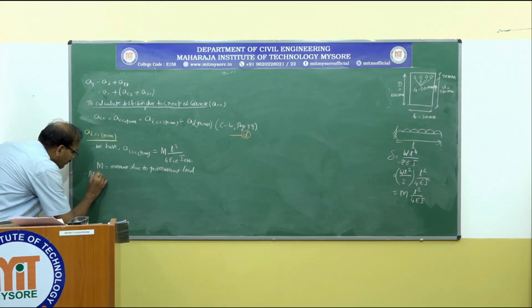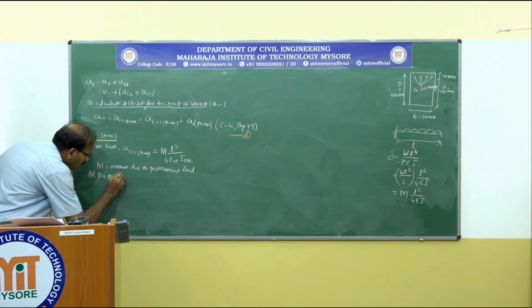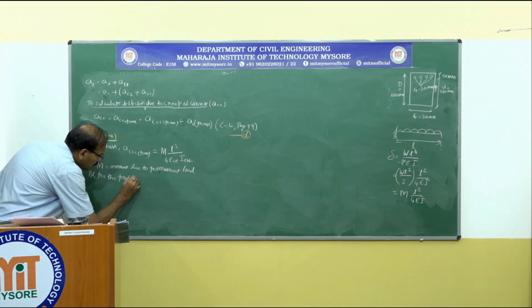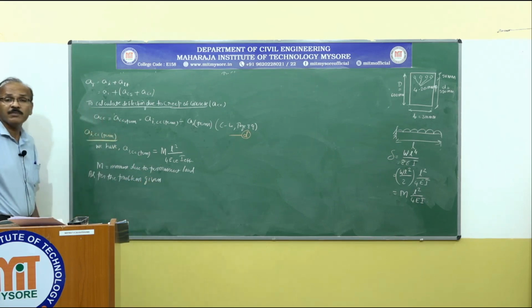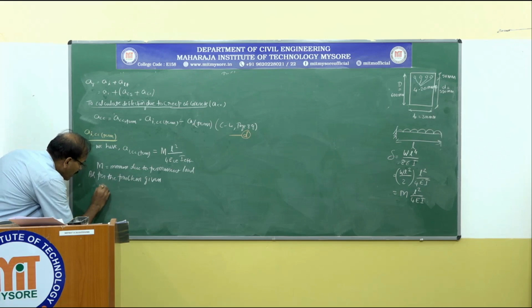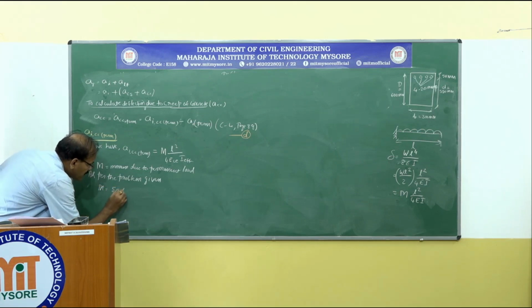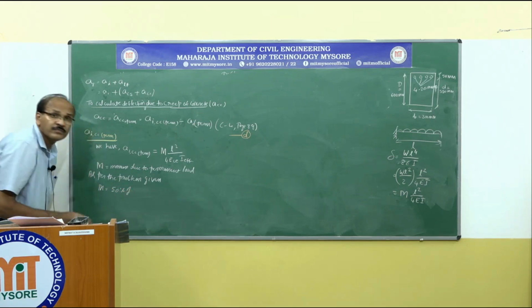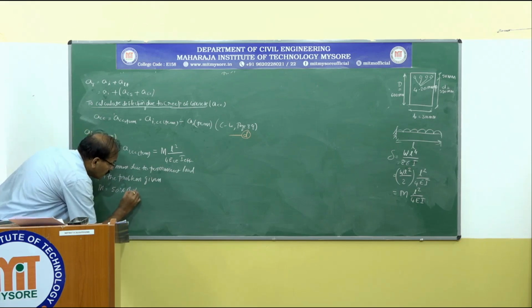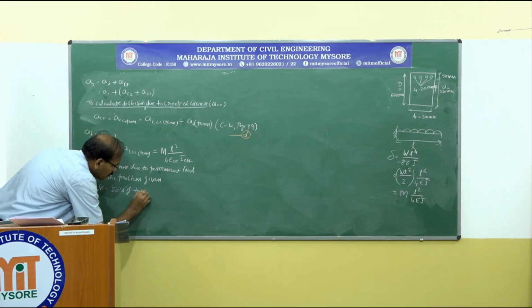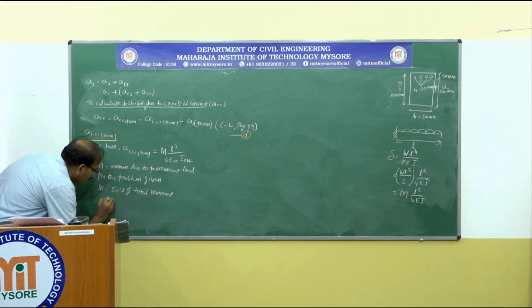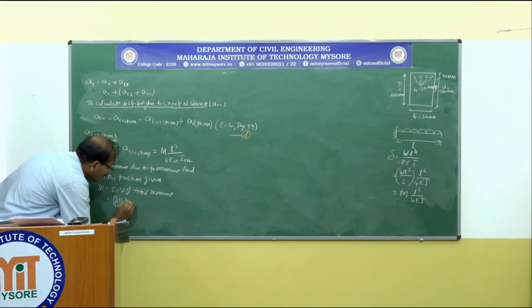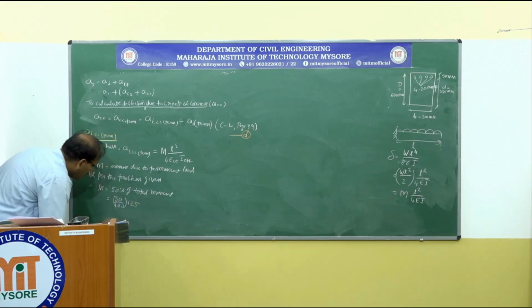As per the problem given, M equal to 50% of total moment, that is equal to 50 divided by 100 times 125.